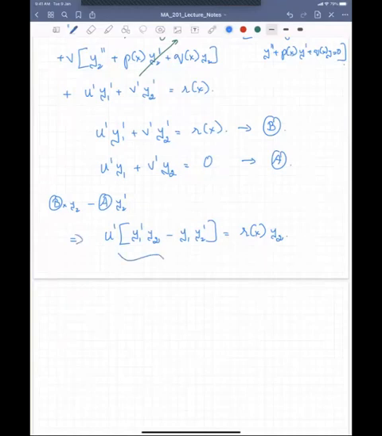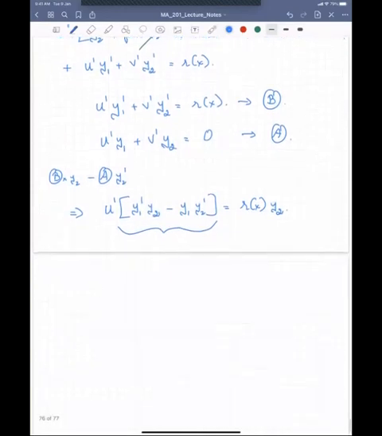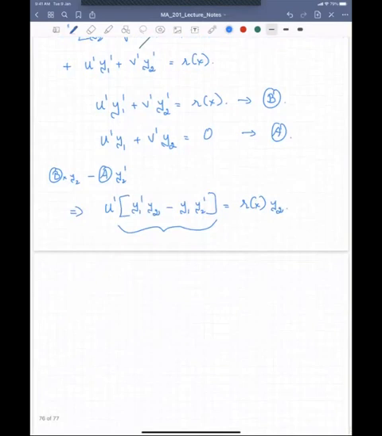And what is this guy? Anybody? Wronskian. That's just the Wronskian. Very nice, right? So this is actually the negative of the Wronskian, if I'm right. Your Wronskian would be the determinant of y1, y2, y1 prime, y2 prime, so this will be y1 y2 prime minus y2 y1 prime.